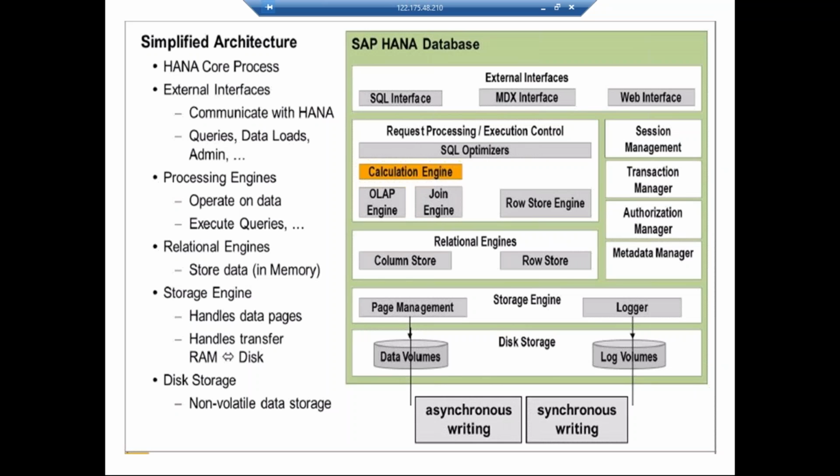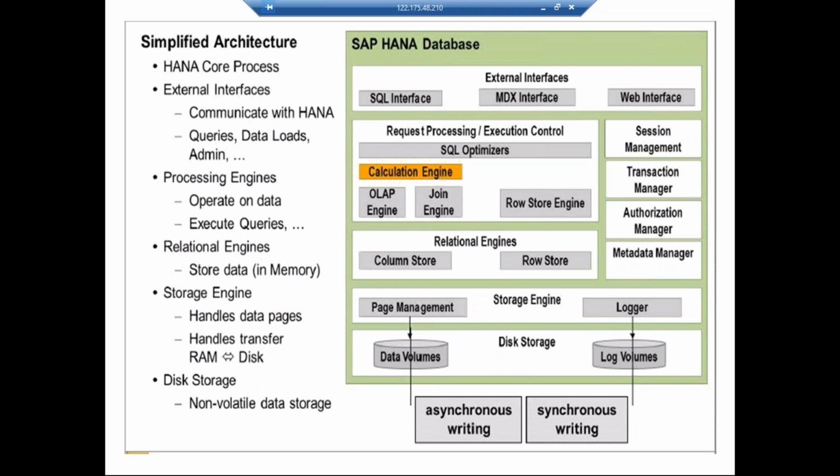So that's all we have in the simplified architecture concept. It's pretty easy. There will be other concepts, as I told you yesterday itself, such as service-level architectures, meaning there are different types of services available in the HANA database. When we do an installation and look at it afterwards, we'll know what kinds of services you have and the significance of each service, what exactly it is doing.